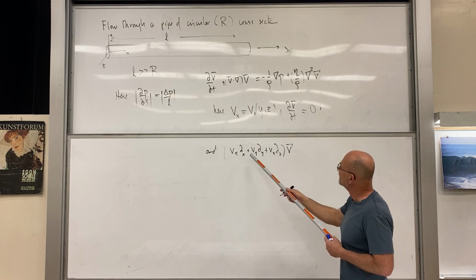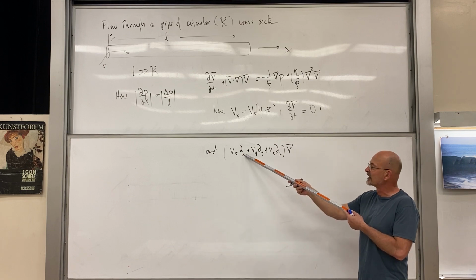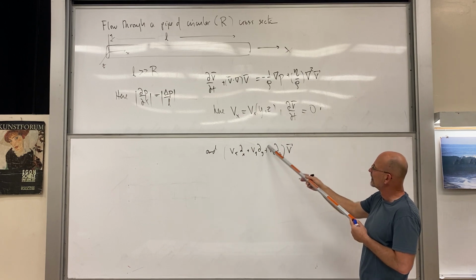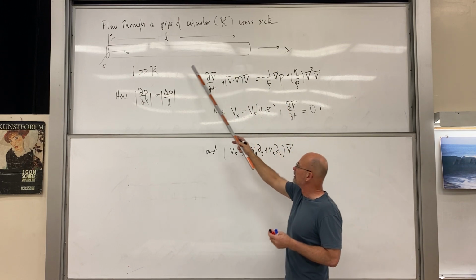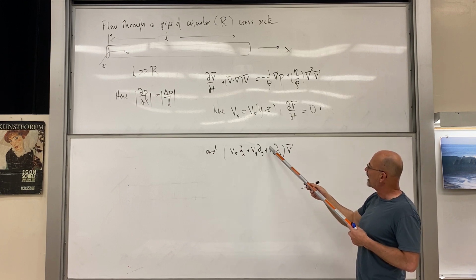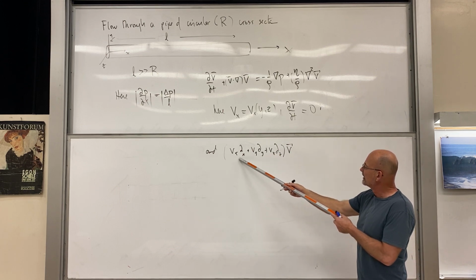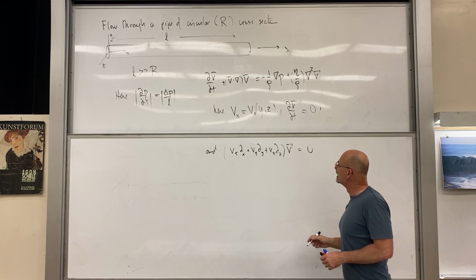So that's that term. We only have a Vx, but it's not going to change in the x direction, uniformity. We're not talking about any end effects here. It's a long pipe, so we're assuming that uniformity. We have no Vy and we have no Vz, so this entire thing is equal to 0 again.